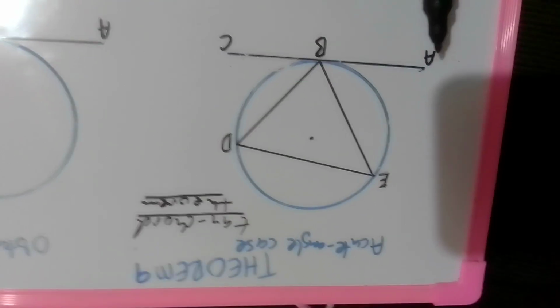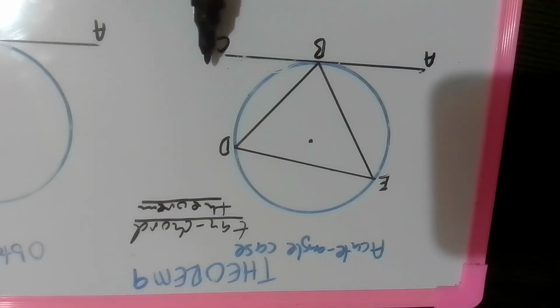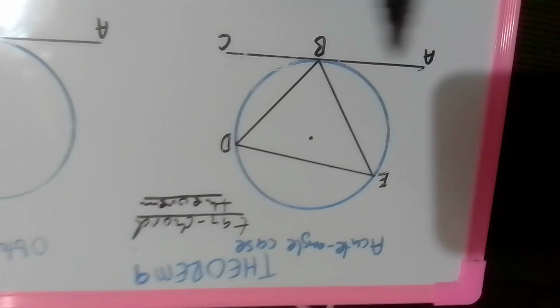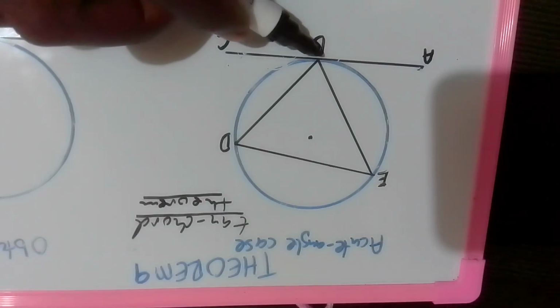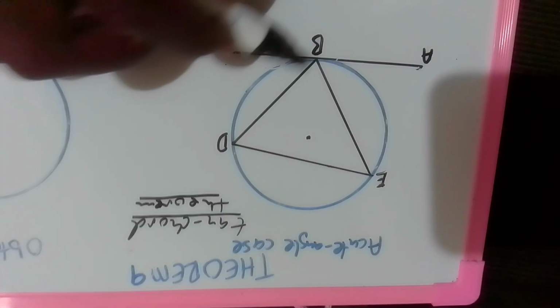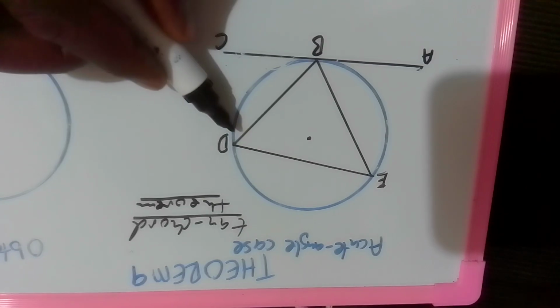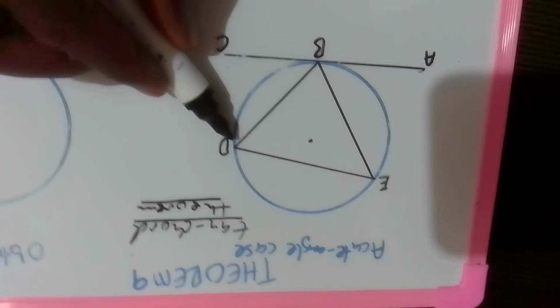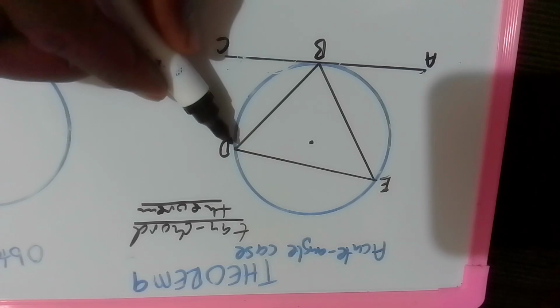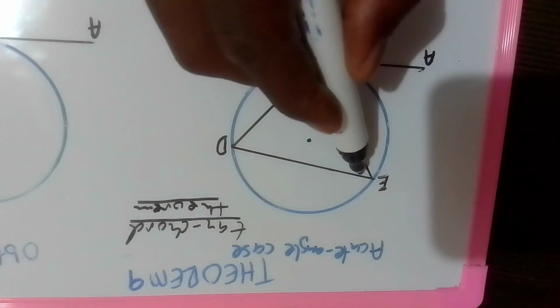Now, we have got a tangent here, ABC. And on the right side of this tangent, we've got BD. Line BD is a chord. And the line that is subtended by this chord BD is angle what?